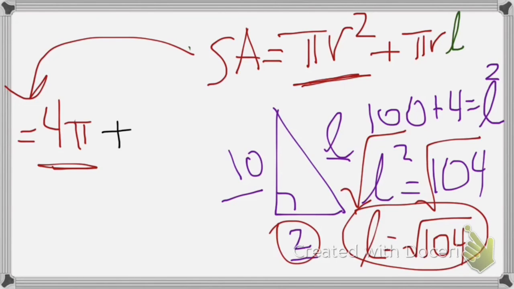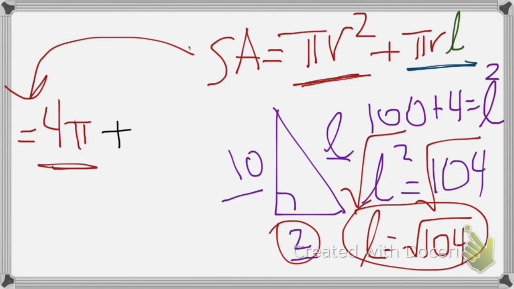Then the pi r L should come out to the radius, 2, times whatever the square root of 104 is. I'm going to do that in my calculator. It comes out to like 20.4.